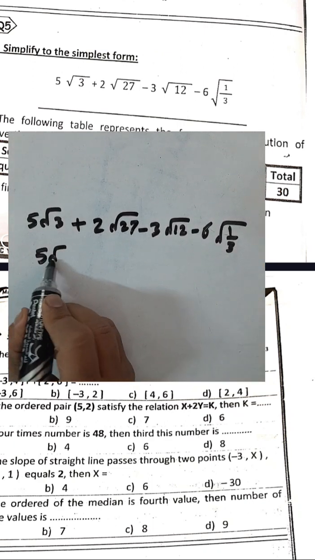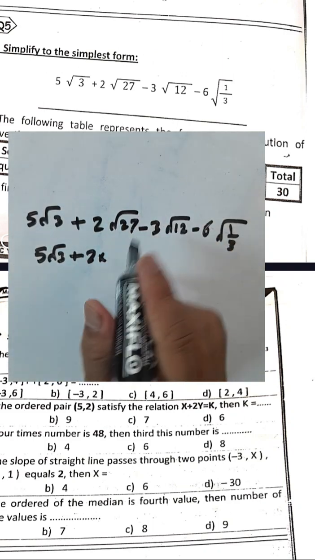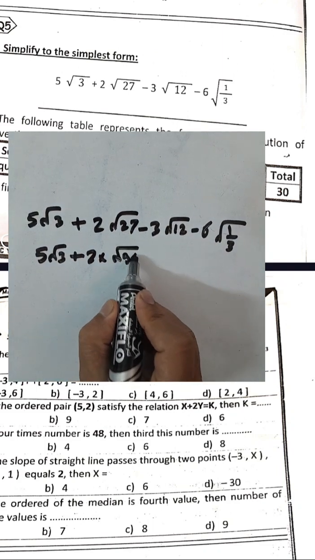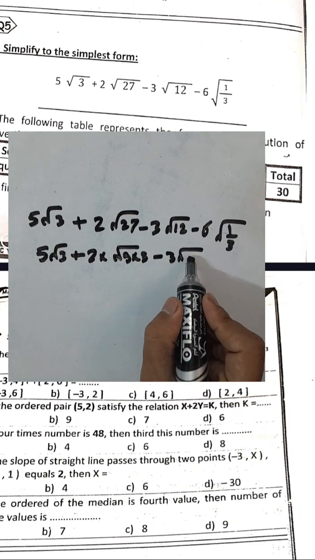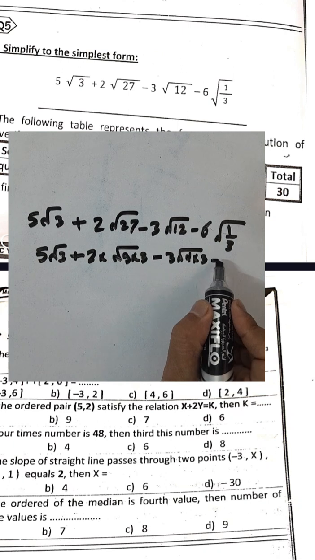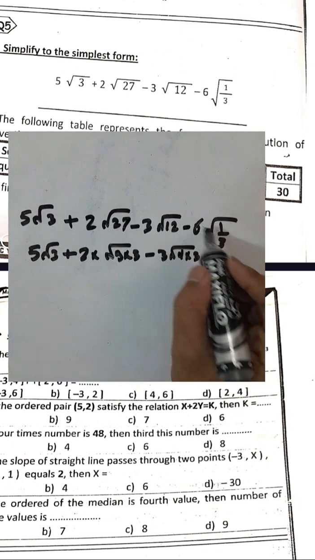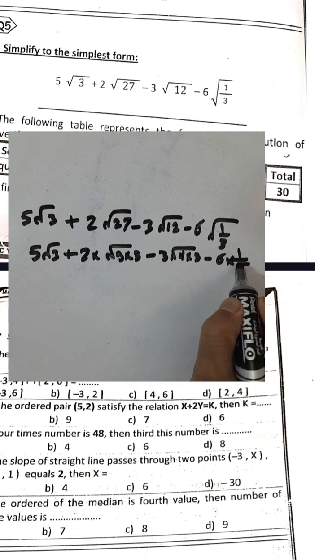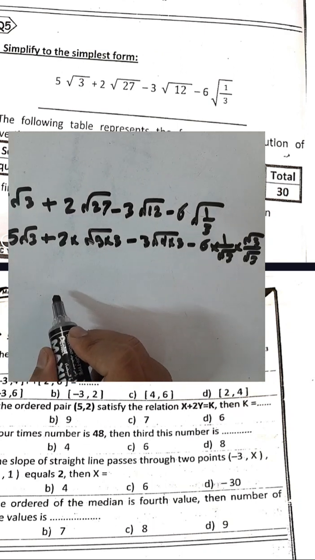Write 5 root 3 plus 2 times square root of 27, it will be 9 times 3, and square root of 12, it will be 4 times 3, 6 times 1 over square root 3, it will be 1 over root 3 multiplied by root 3, numerator and denominator here, to simplify the result.